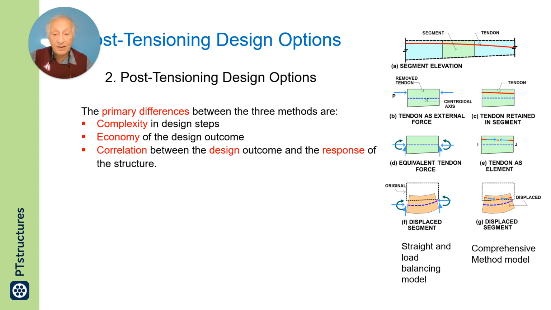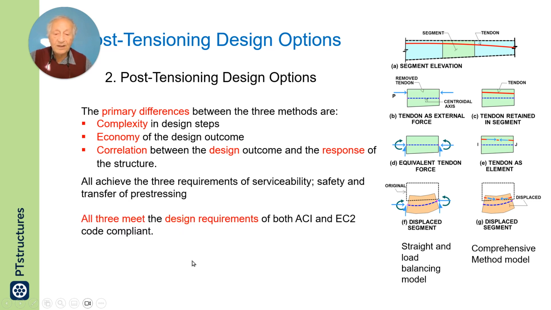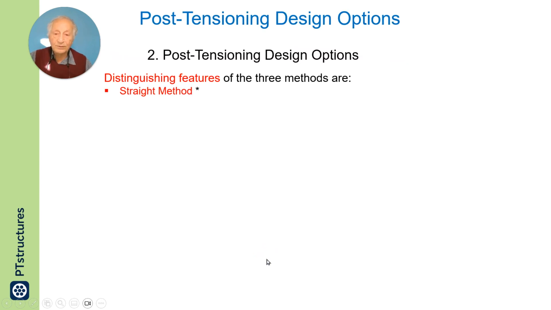That depends on the method. And of course, how economical the design is going to be, again, depends on the method, and also there is this level of complexity. But all achieve the three requirements of serviceability, safety, and transfer of pre-stressing, and meet the requirements of ACI and the European Code.